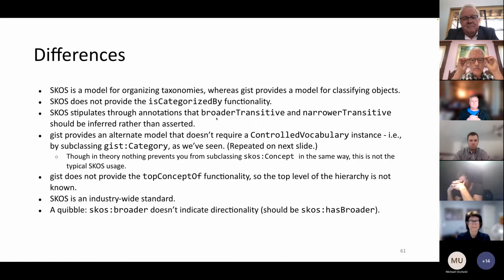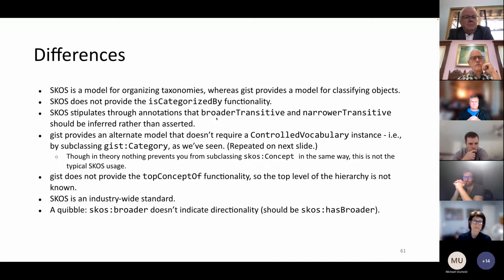Unless, the only thing is, if you don't know whether there's another level in between, then you would want to use just has supercategory, saying I'm not sure if there's one in between here or not. In that case, you could assert just has supercategory directly.